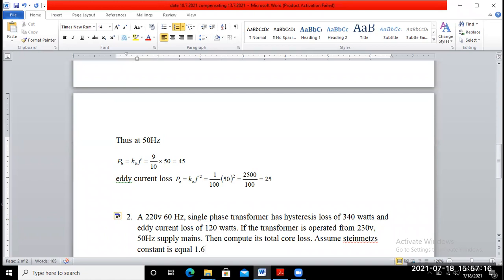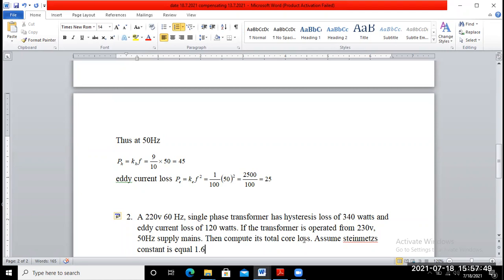So how can we solve this problem? At one operating voltage and frequency, you are given the hysteresis and eddy current loss separately, that is, the core loss split into hysteresis and eddy current losses. The hysteresis loss is 340 watts and the eddy current loss is 120 watts at 220 volt, 60 hertz.